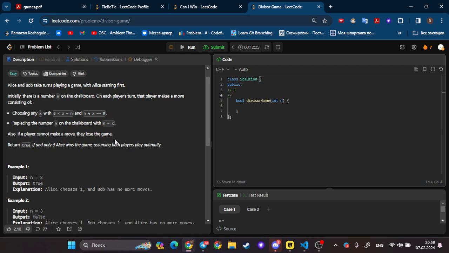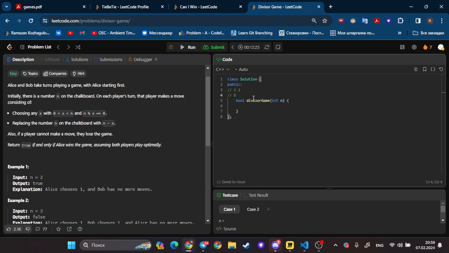I think it's Bob. Bob wins because Alice can't make any move. Do you agree with me? Yes, because x is strictly less than n.